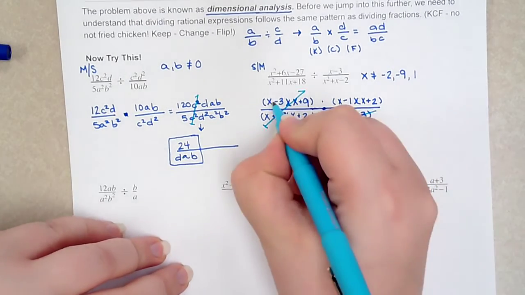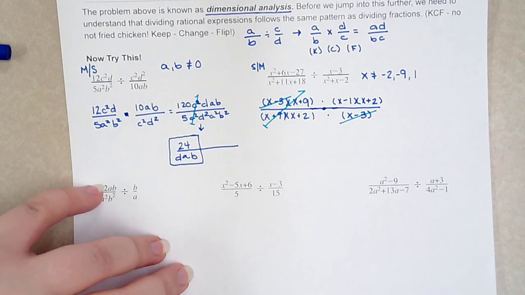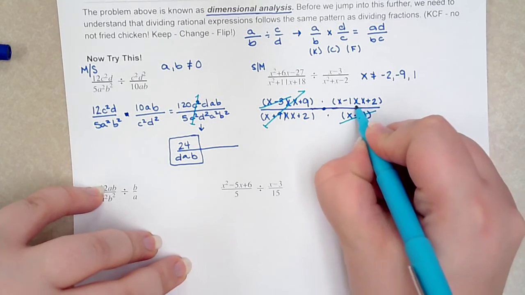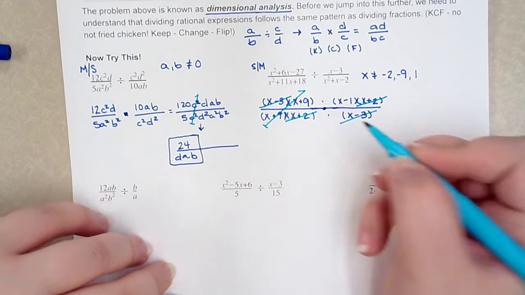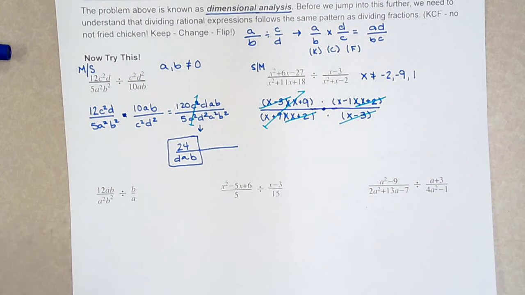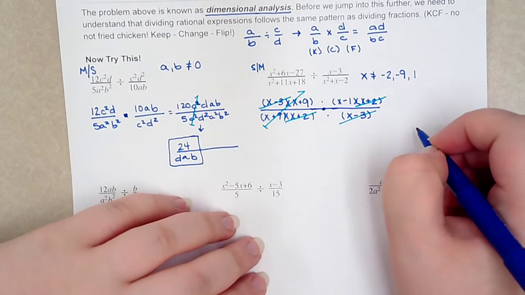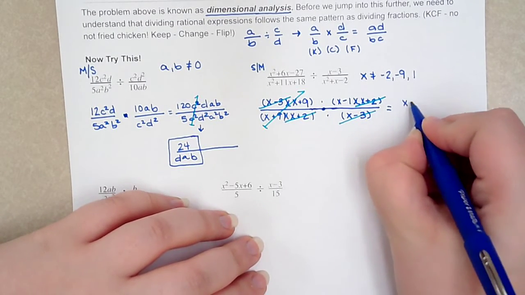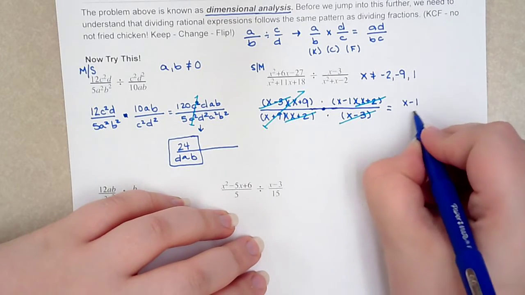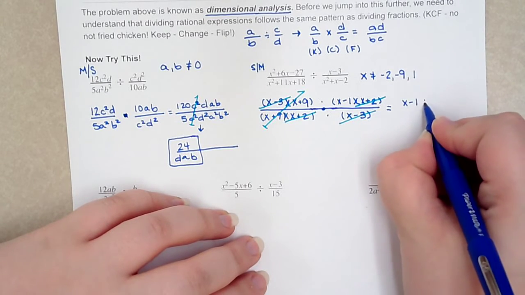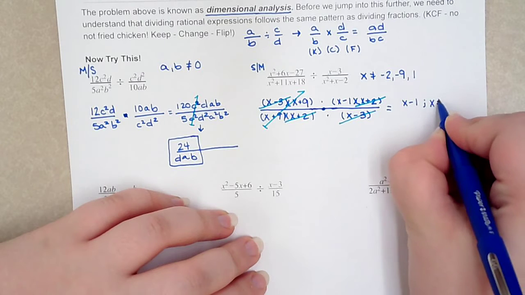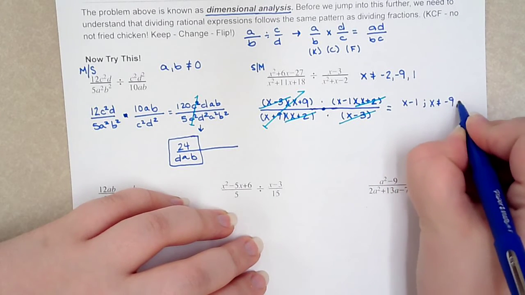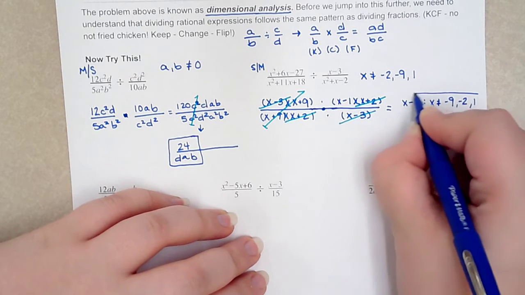I can't really draw a 1 between those, but you get those are reducing also to 1. And we even have an x plus 2 and an x plus 2 that reduce to 1. Meaning once we have reduced all of those pieces, we are actually just left with an answer of x minus 1 on top with excluded values of negative 9, negative 2, and positive 1.